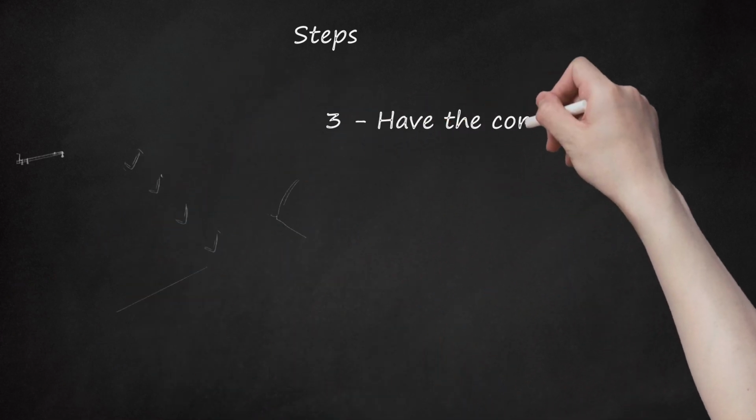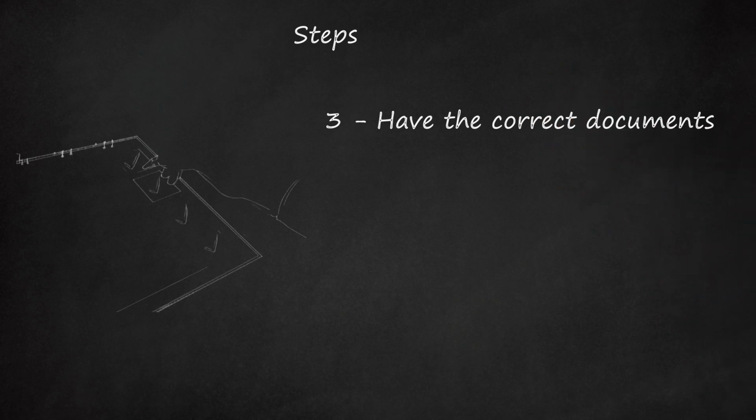3. Have the correct documents. The following documents are normally needed from the investing business entity. Articles of incorporation or equivalent, copy. Business license, both national and local, if any, copies.